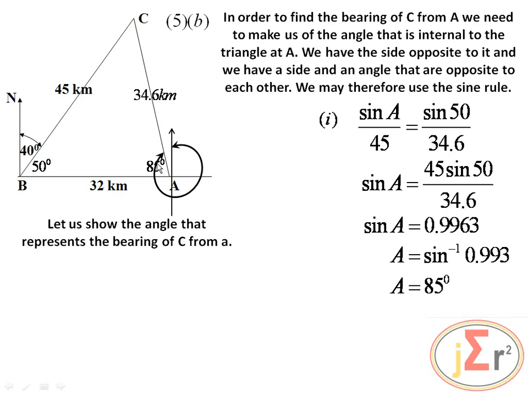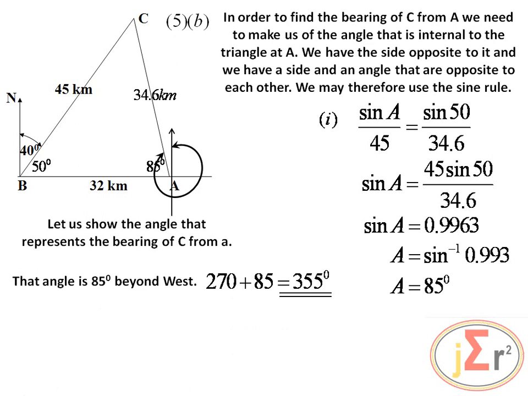As we can see, if this is 85, we have 90, 90, 90, and this is 85. It will be 5 degrees less than a total revolution of 360 degrees. That will be 355 degrees. But on this particular slide, we are saying that what we have here is 90, 180, 270, and this is in excess of 270 degrees by 85 degrees. The angle is 85 degrees beyond the west.